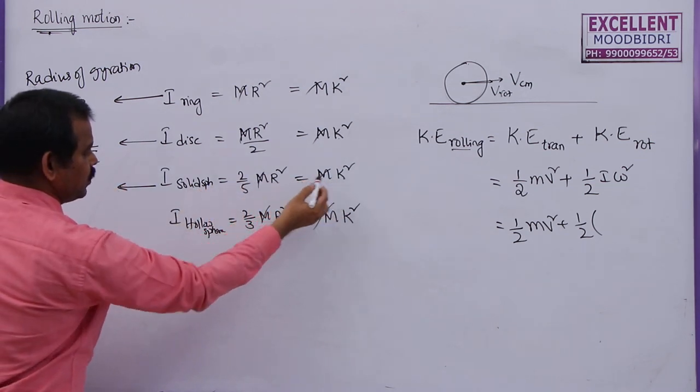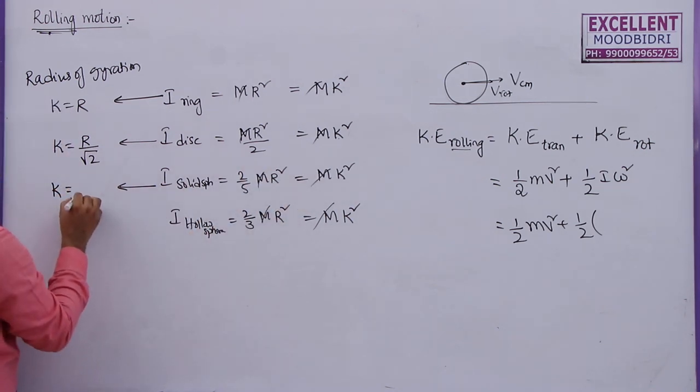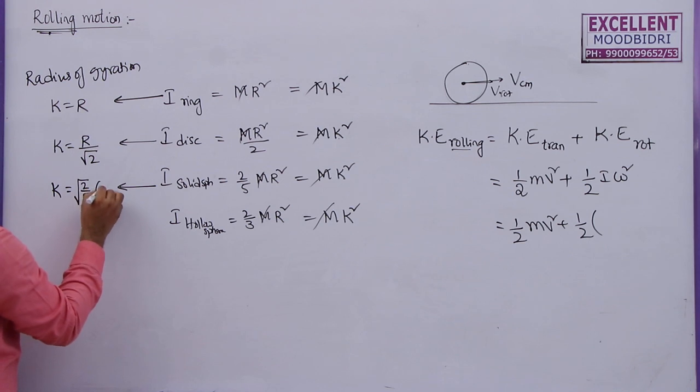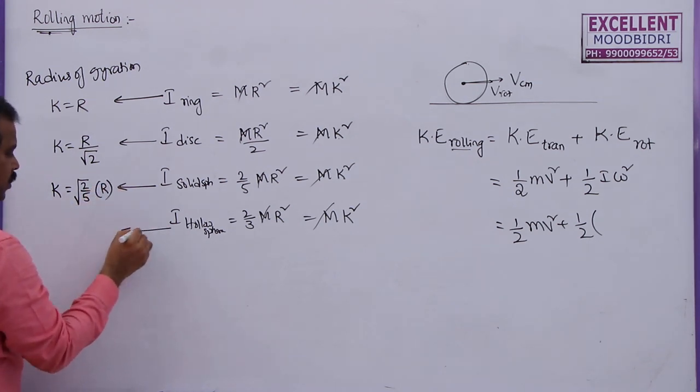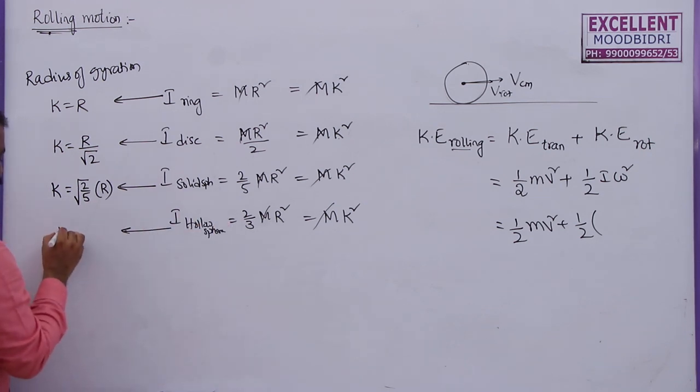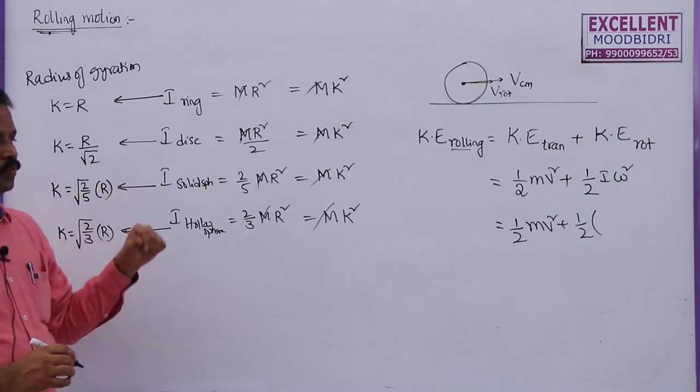If you cancel the mass, K square is equal to 2 by 5 R square, and K will become root 2 by 5 R. This is the K value for a solid sphere. For a hollow sphere, the K value is given by root 2 by 3 R. That means the radius of gyration changes from body to body.